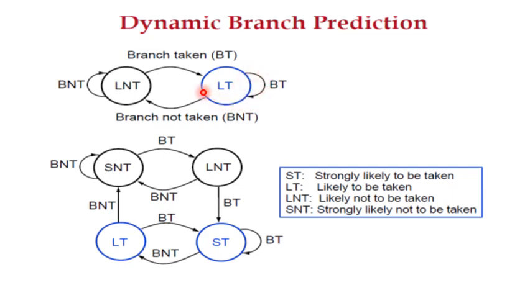This simple scheme, which requires one bit of history information for each branch instruction, works well inside a program loop. Once a loop is entered, the branch instruction that controls looping will always yield the same result until the last pass through the loop is reached.